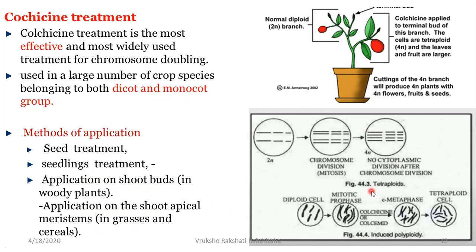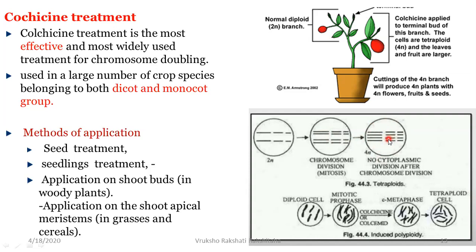Now please look into this pic over here. You can see that this is a diploid cell. During the metaphase, you can see that the chromosomes are lying on the equatorial plane, and when the cell moves on to anaphase, there is no spindle formation at all. So all these chromosomes come and lie in the same cell.